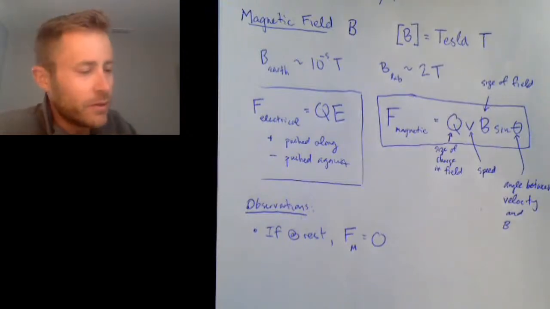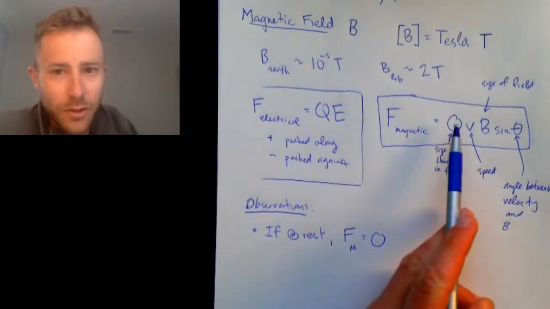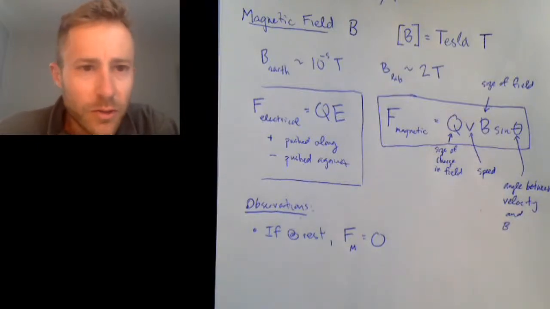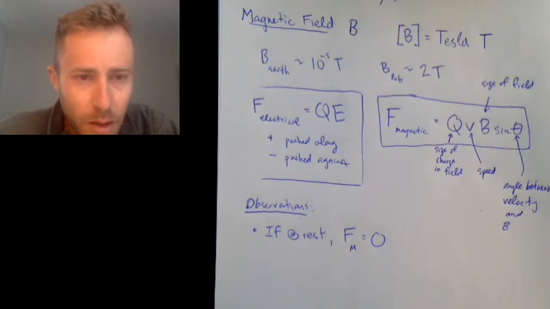Why? Because if you're at rest, then your speed is 0, so you have 0 times other stuff, which is still 0. Okay, so if you're at rest, there is no magnetic force.